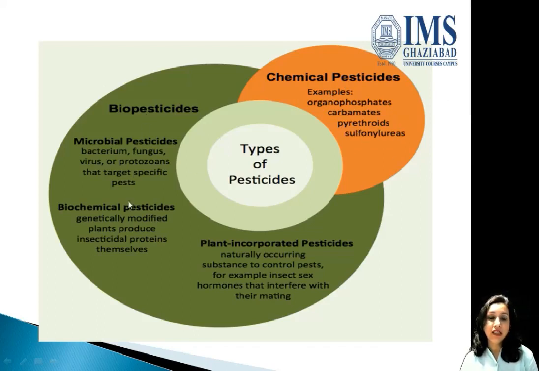Then these are the classes of biopesticides, which means bacterial, fungal, viral, protozoan, and biochemical, genetically modified plant-produced insecticidal proteins themselves, and PIPs or plant-incorporated pesticides, which are naturally occurring substances to control pests, for example insect sex hormones, or pheromones, that interfere with their mating.